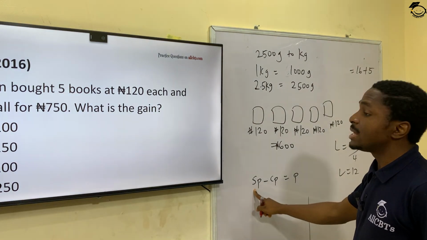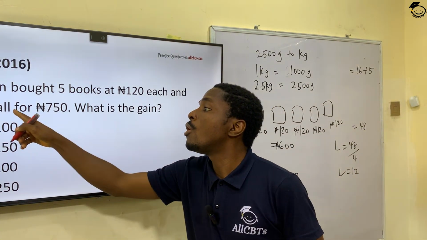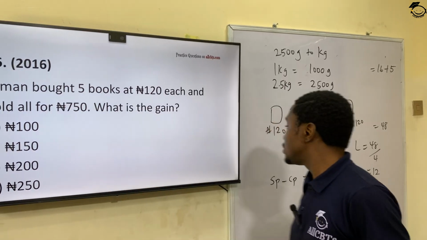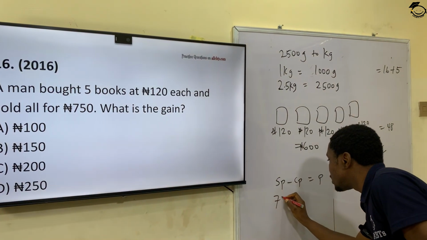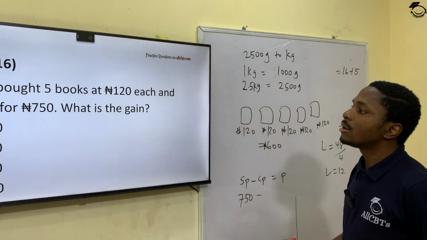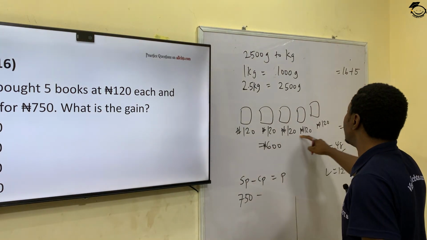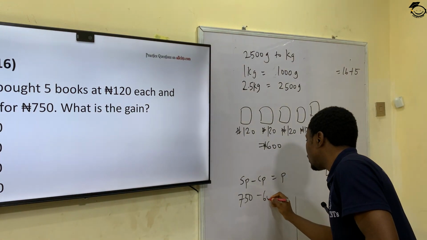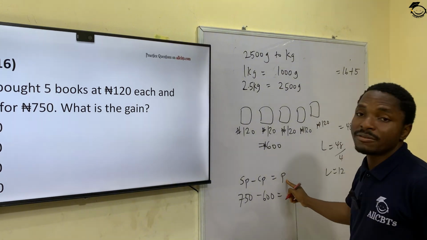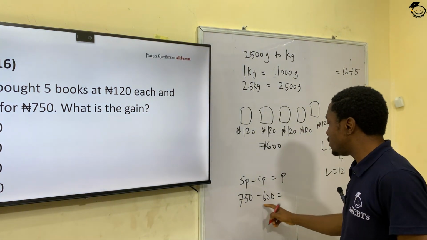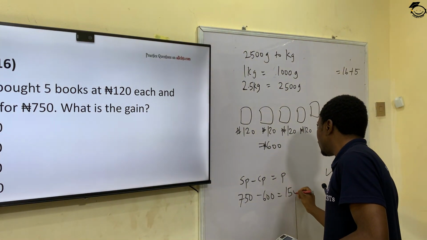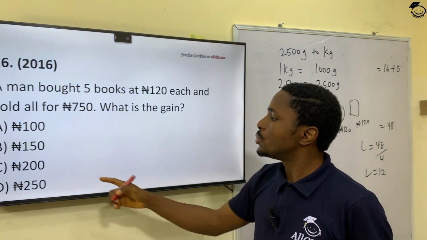So the selling price is 750, and the cost price of all the books is 600. What is his profit? 750 minus 600, 150. So his profit is 150 naira.